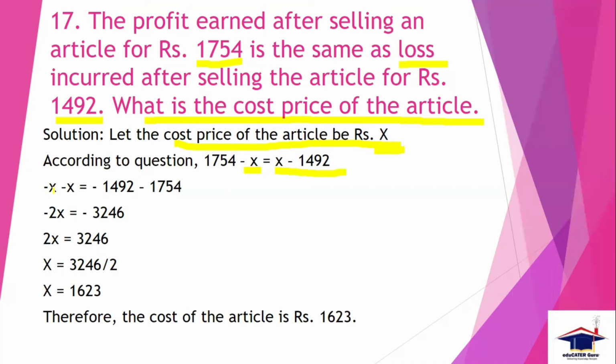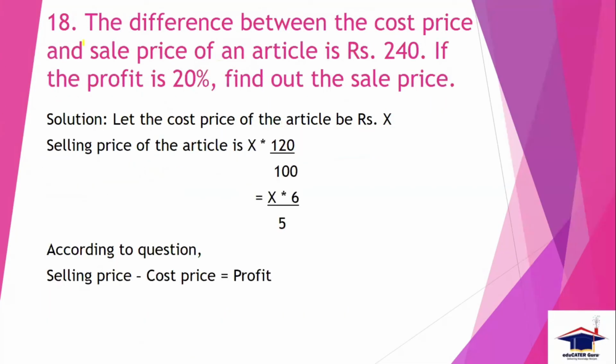So here minus X, when brought to the left hand side, becomes minus X. So minus X minus X is minus 2X, then 1492 plus 1754 becomes 3246. So 3246 divided by 2 becomes 1623. Therefore, the cost of the article is 1623.